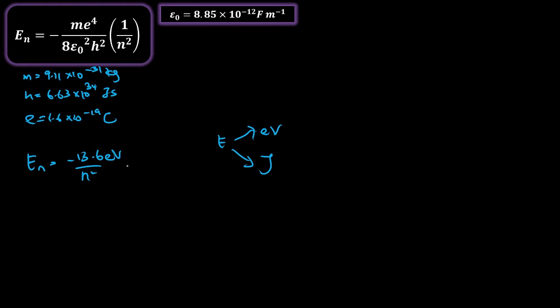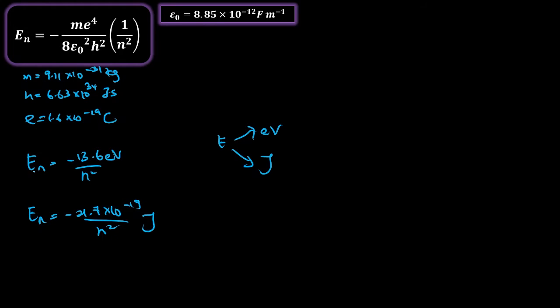So this one is in electron volts. And En can also be negative 21.7 times 10 to the power negative 19 over n squared joules. So this one is in joules.